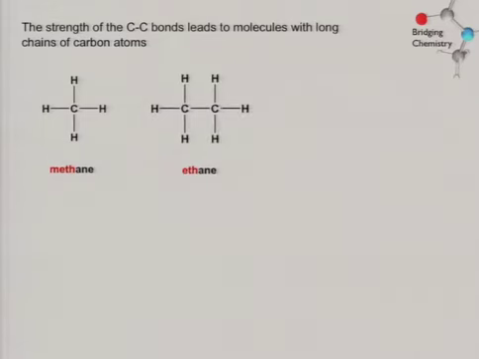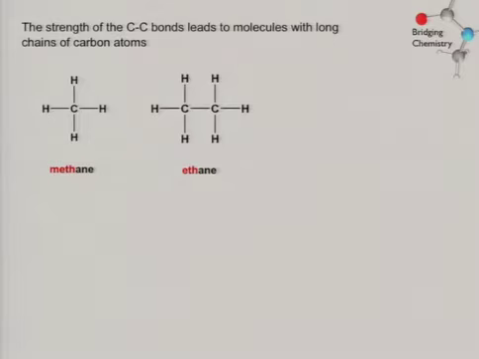You can get a molecule like this called ethane, where now we have two carbons joined together. Each of those carbons has three other bonds, because remember carbon has to have four bonds in a stable molecule. So each of the carbons has three hydrogens attached to it and then makes its fourth bond to the other carbon atom.